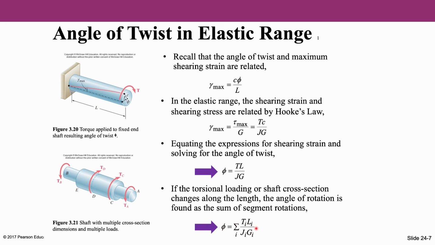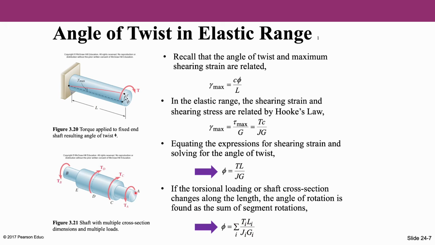The total angle of twist of this shaft, which is subjected to multiple torsional loadings, would be equal to sigma TiLi divided by JiGi. You need to substitute the corresponding torque value, the length of the shaft, the polar moment of inertia, and the corresponding shear modulus of each section.